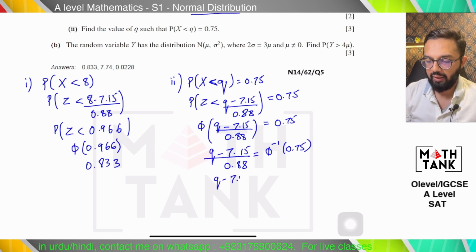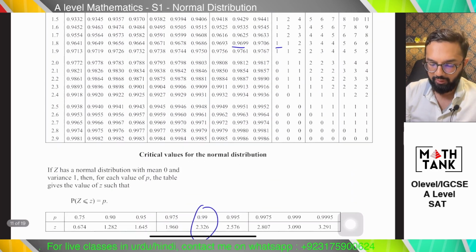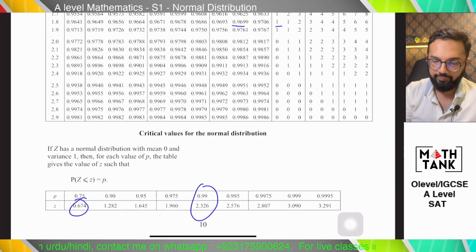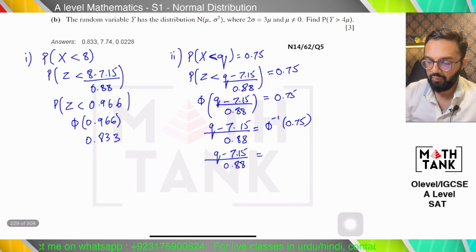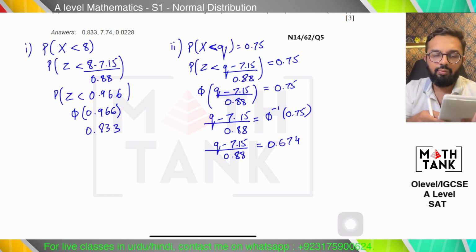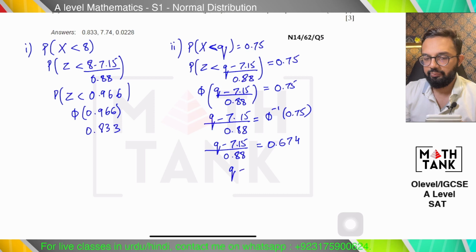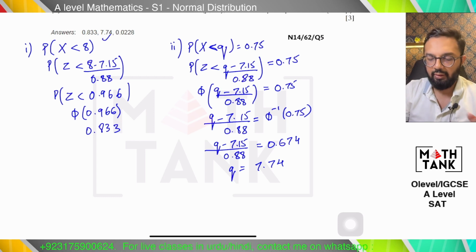Then what's phi inverse of 0.75? Let's look at our table again. 0.75 is 0.674. Let's solve for q. Okay, 7.74. Yes, that is also the correct answer.